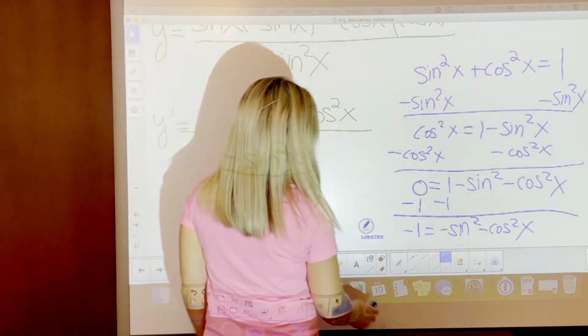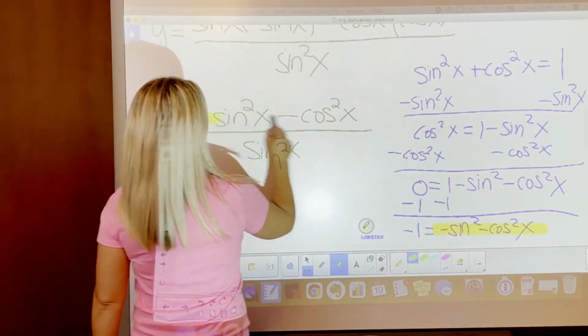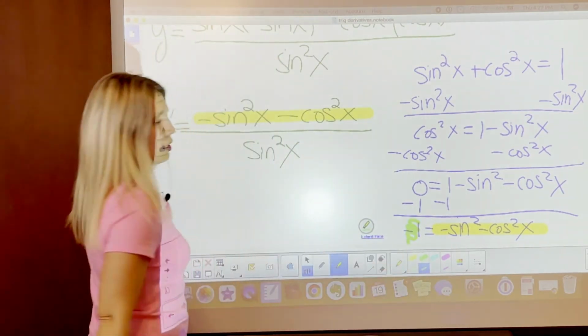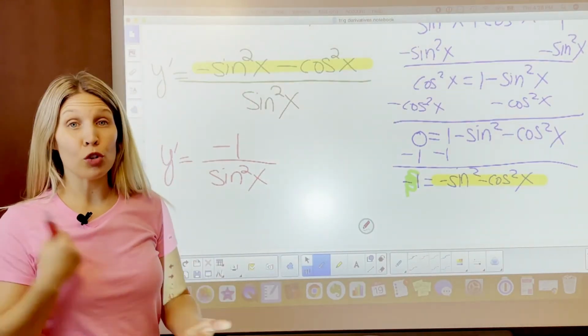So hopefully you can see now that this minus sine squared x and this up here just equals negative 1. So now we have y prime equals negative 1 over sine squared x. And again, hopefully you're remembering your trig functions.